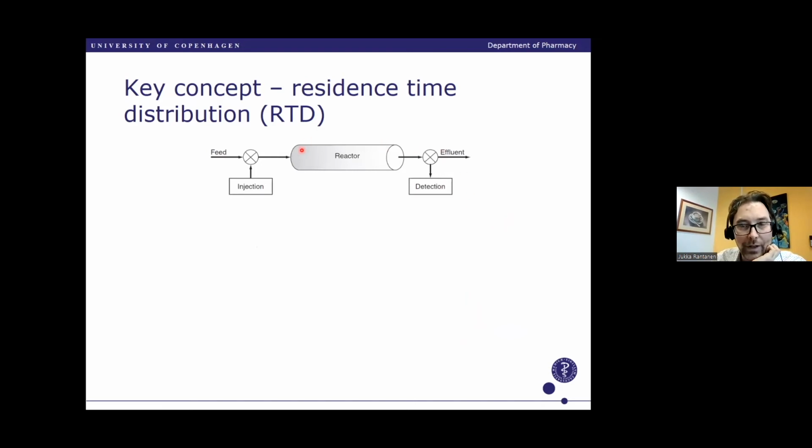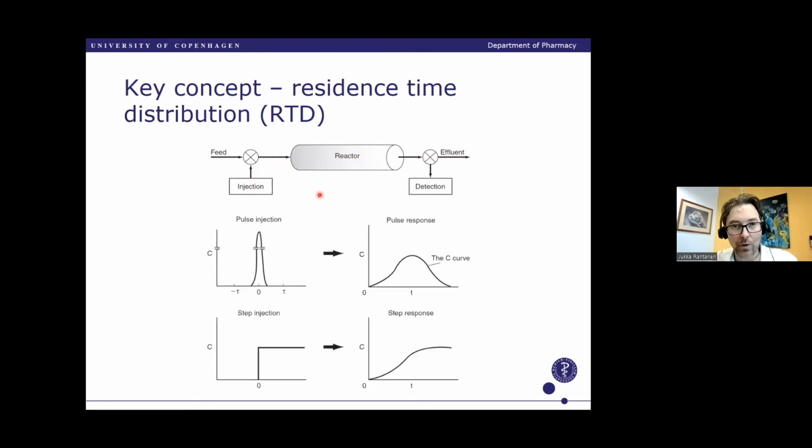So we can imagine here a reactor. That is a continuous flow reactor. And then we inject some material here, and then we detect it at the end of the reactor. You can do either pulse injection, so a pulse like this, where the concentration increases very highly here and then disappears, and then you look at how this concentration is distributed over time.